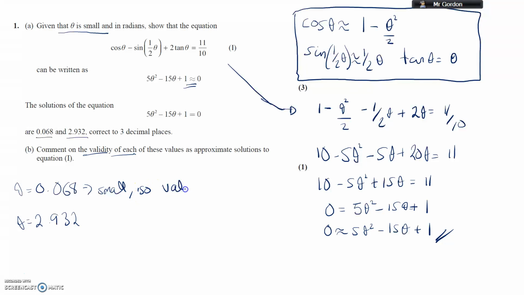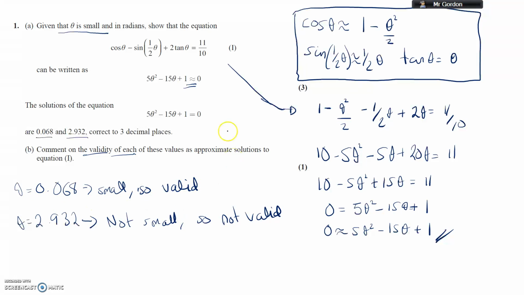I'm shorthanding this, by the way. Try and put this in some nice English for the examiner, please. This one is not small. So it'll be treated with caution. Not small, so not valid really. Okay, something like that, just to show the examiner that only small values work with these approximations.